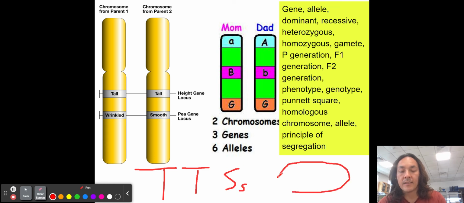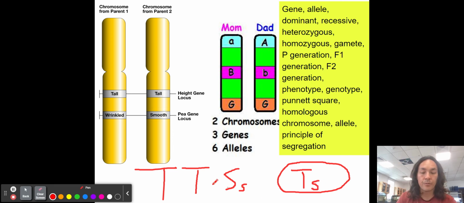A sex cell or a gamete is only going to have 1 allele of each gene. So the gene here had 2 dominant alleles, but it's only going to put one in a sex cell. And let's say it puts the big T and the little s, right? You don't get to choose. Or it could be a big T and a big S.